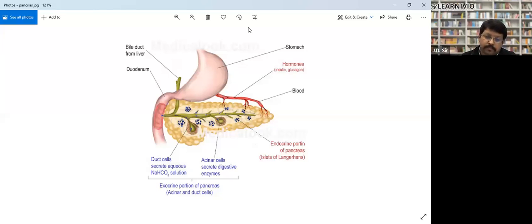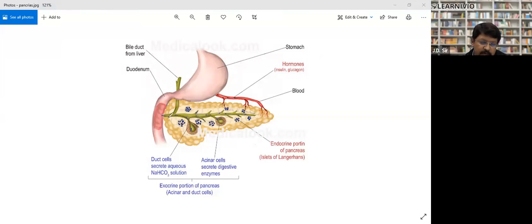So this is the diagram of the pancreas. Look at the diagram, then I'll explain more points for you. Look, this is the pancreas, and this is the stomach, and this is the bile duct.